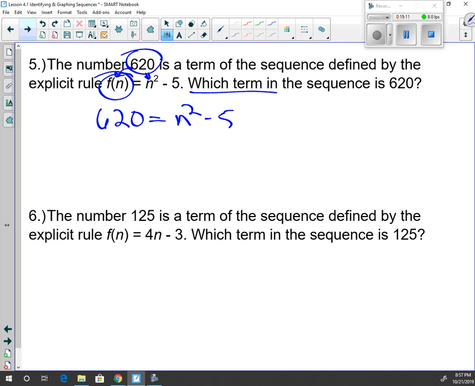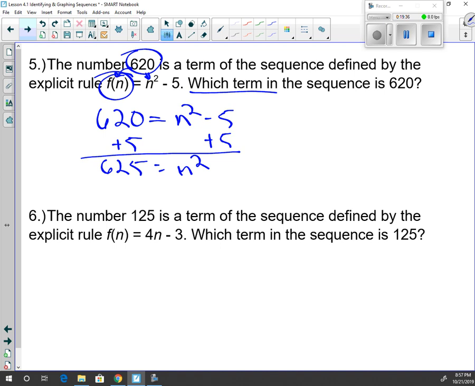So the first thing that I have to do is add 5 on both sides. Going back to the beginning of the year, what's happening to n? How do I solve for it? N is being squared, and then I'm subtracting 5. The last thing done was subtract 5, so the first thing I undo is subtract 5 by adding 5. So I get 625 is equal to n squared.